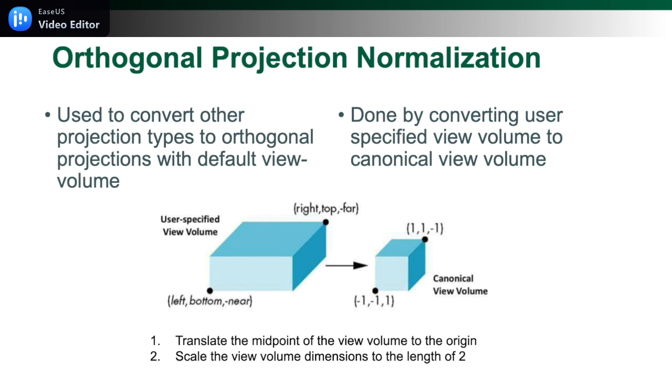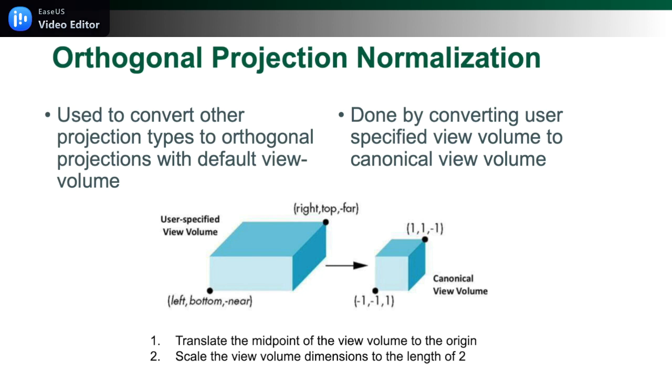So there are ways to convert the user-defined volumes into the standard canonical view volume, and this process is called orthogonal projection normalization. The steps to do that are very simple. The first step is you translate the midpoint of the view volume defined by the user, x0, y0, z0, to the origin, and then you scale the view volume dimensions to the length of 2.